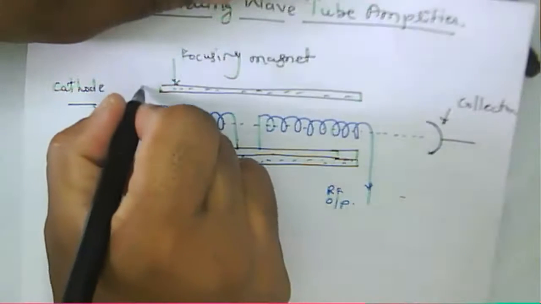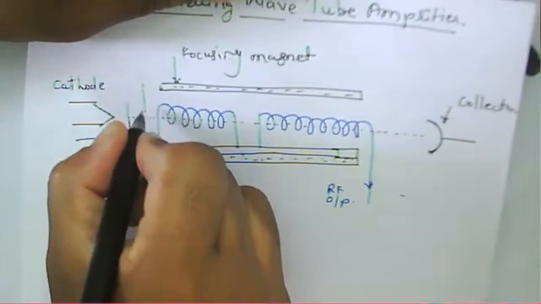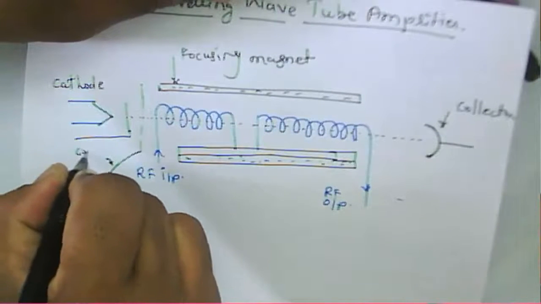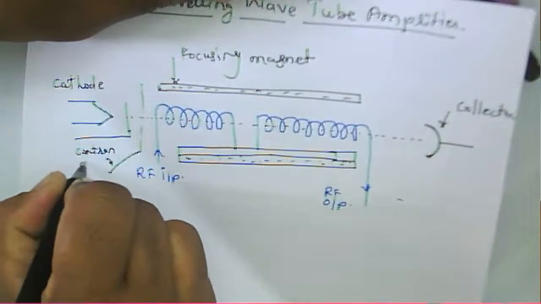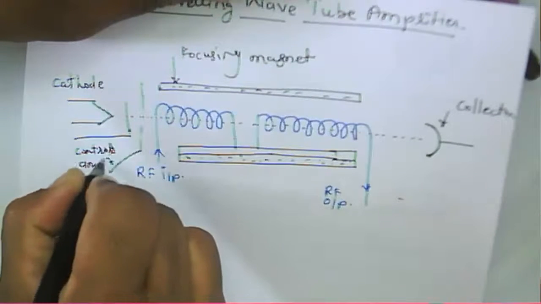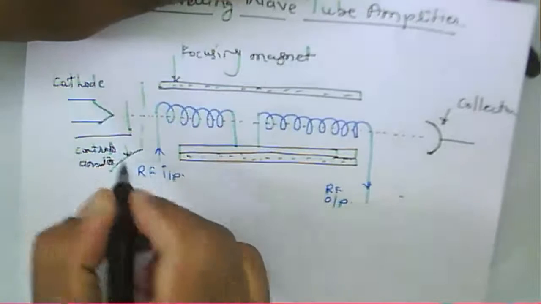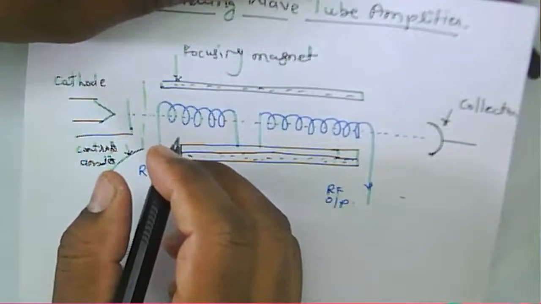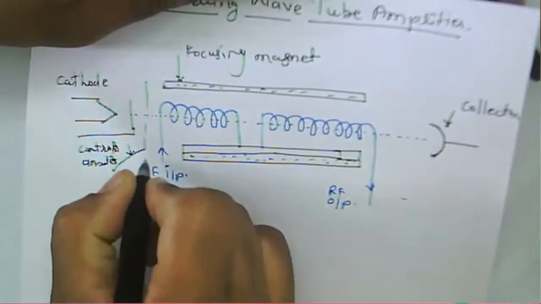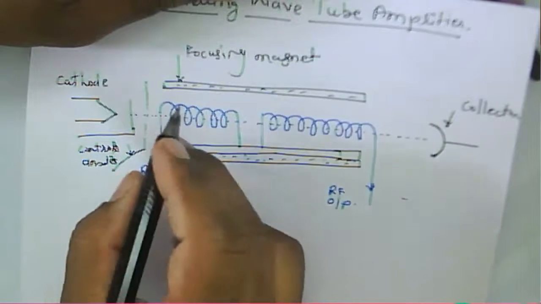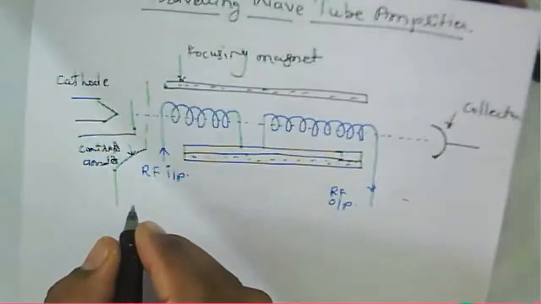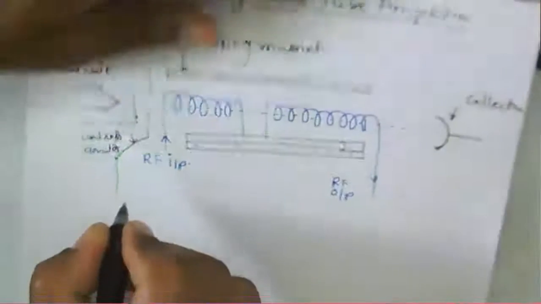it has a control anode, or we can say a lead anode. This control anode is placed nearby, and it is used for the gain or modulation of the control voltage.